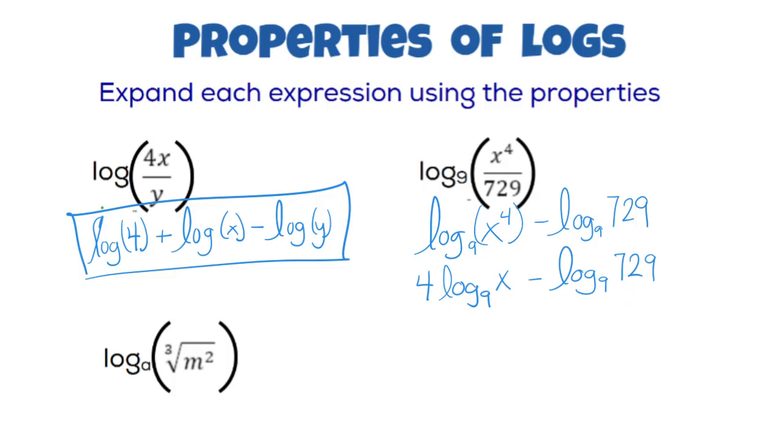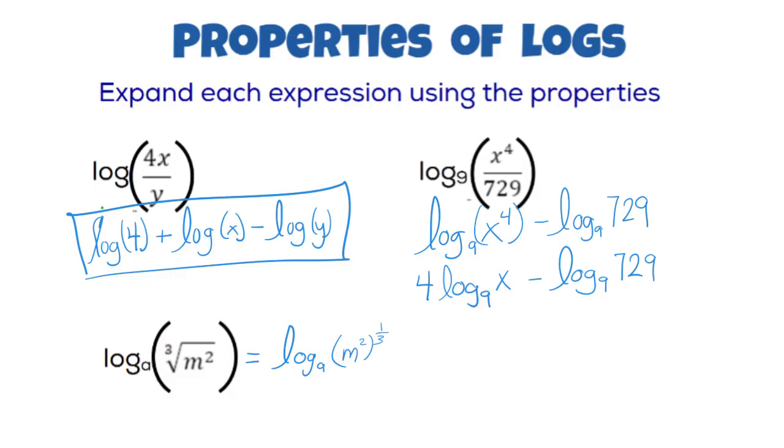Okay, last one. This is a little bit messy. You got a cube root and a squared going on. That's kind of strange. Here's what I'm going to do with this one. I'm going to go ahead and rewrite this m squared to the 1/3 power, like that.